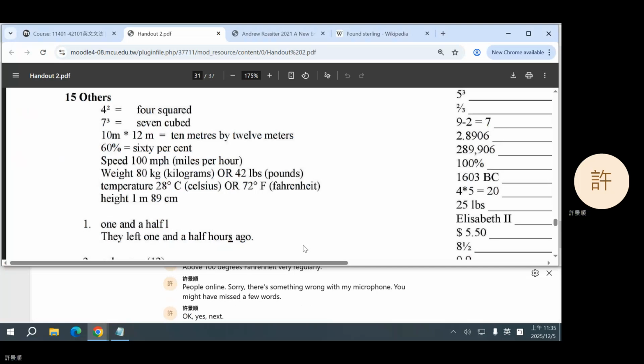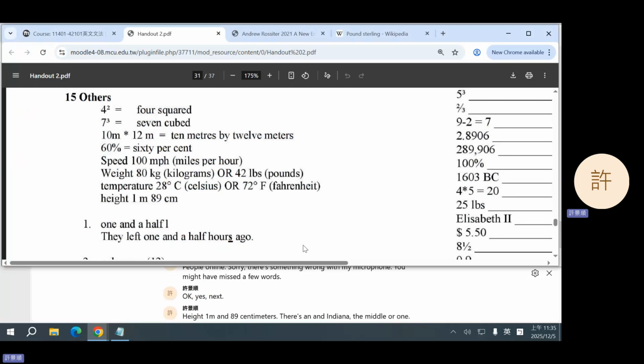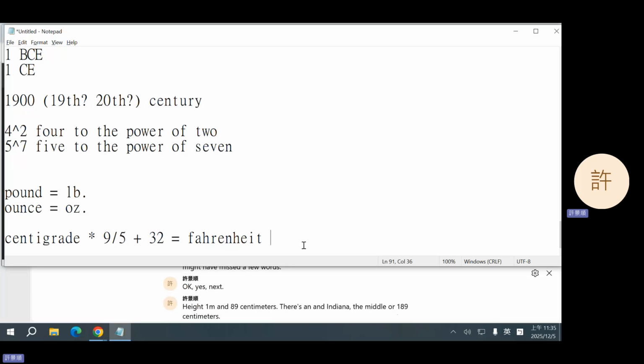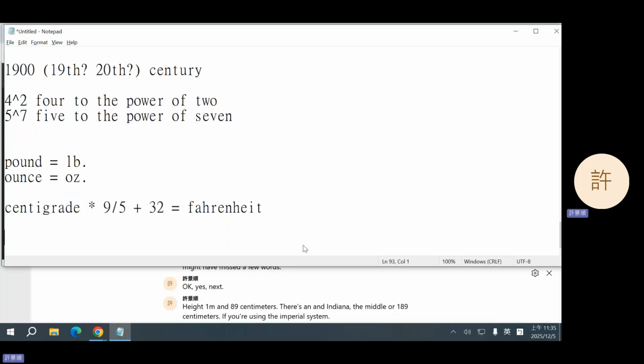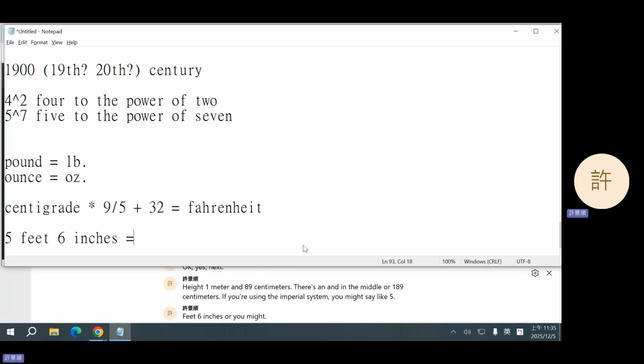Height. 1 meter and 89 centimeters. There's an and in the middle, or 189 centimeters. If you're using the imperial system, you might say 5 feet 6 inches, or you might say 5'6".